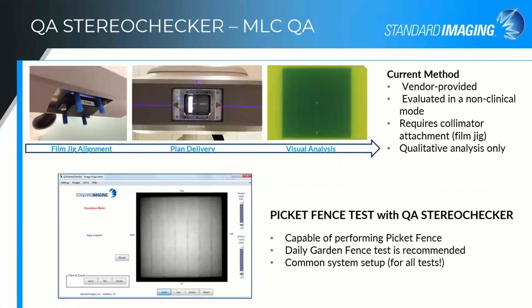We can also do a picket fence test, although the garden fence is the one that was recommended. And this moves your picket fence test from a qualitative look at the film to see what looks brighter, what looks dimmer in the overlap of the MLC leaf positions, to an actual quantitative analysis.